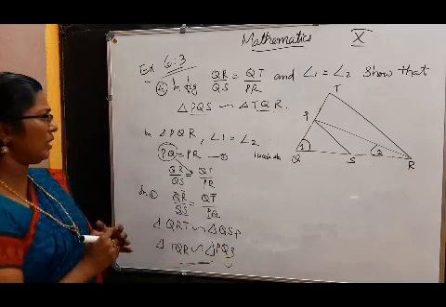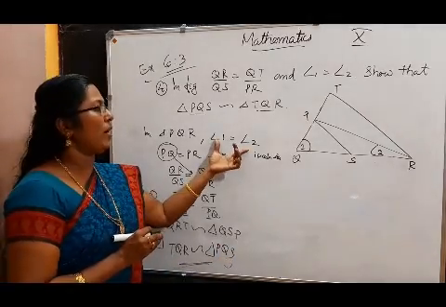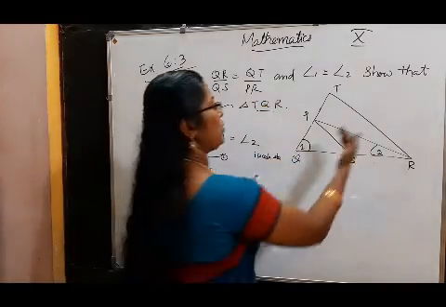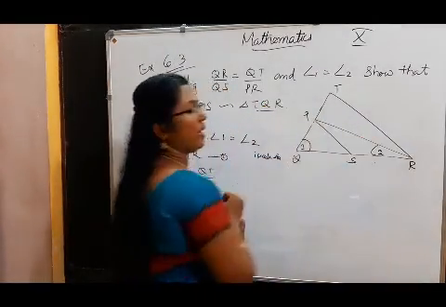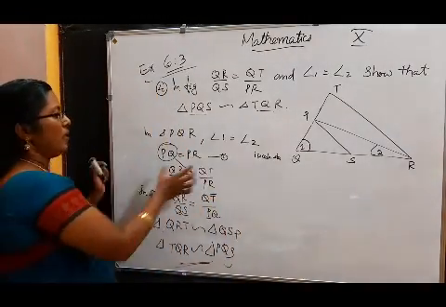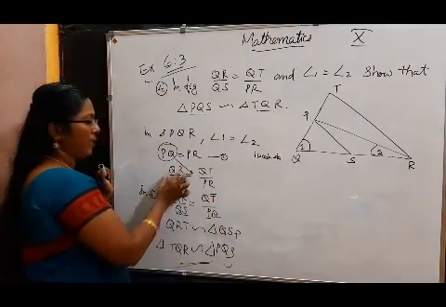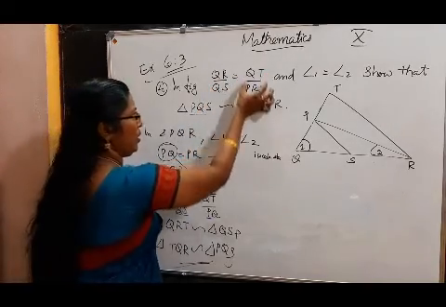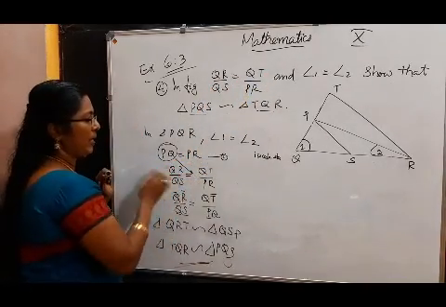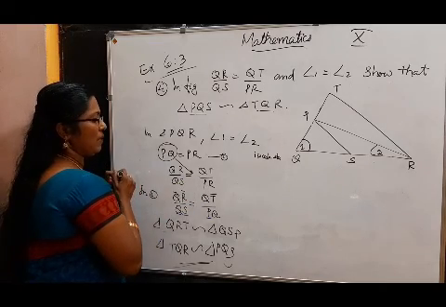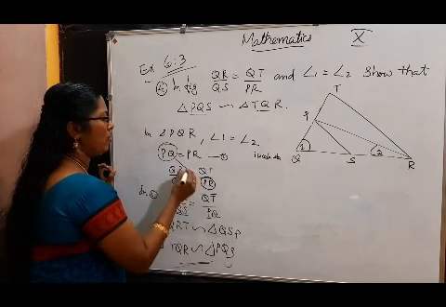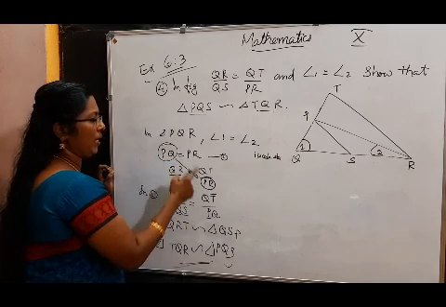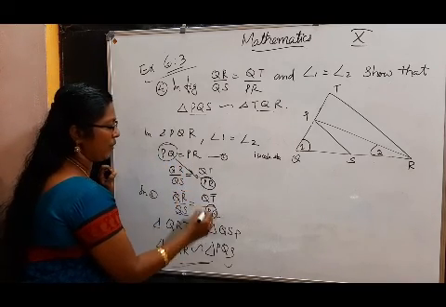Okay, I repeat. Here angles 1 and 2 are equal. That means it is an isosceles triangle, and the sides opposite, PQ and PR, are equal. Then QR by QS equals QT by PR, that is given. Instead of PR, substitute PQ, since PR equals PQ.